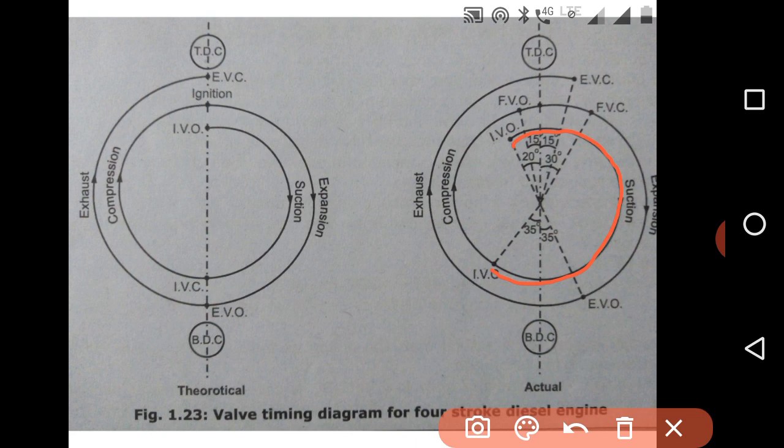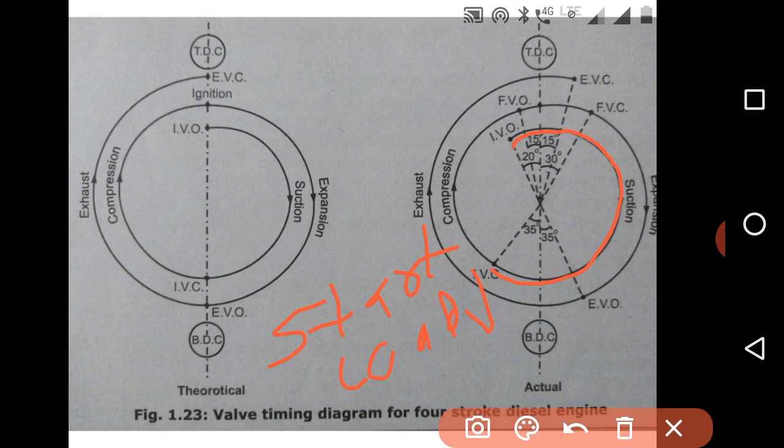Now think: if the load is low, for example when we are starting the engine, at that time the load is very less, so the requirement of charge is very low.